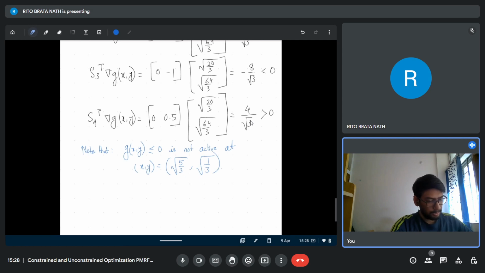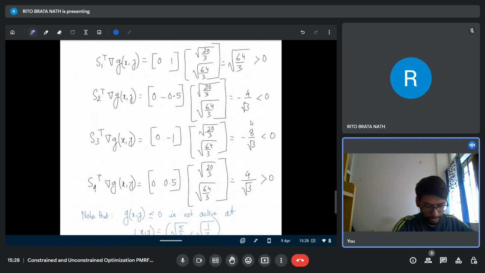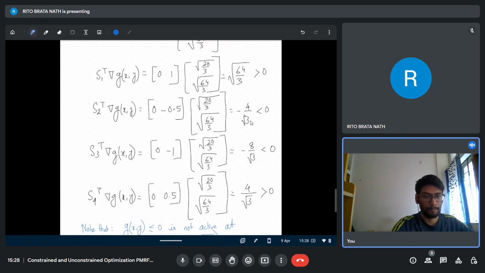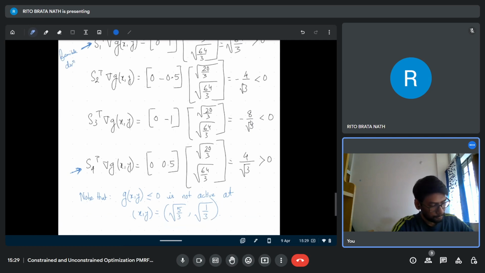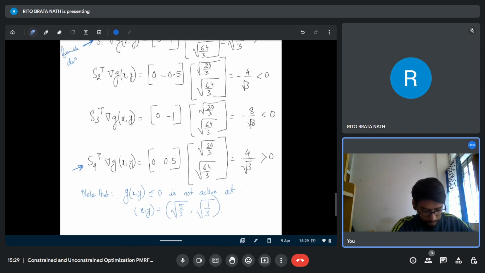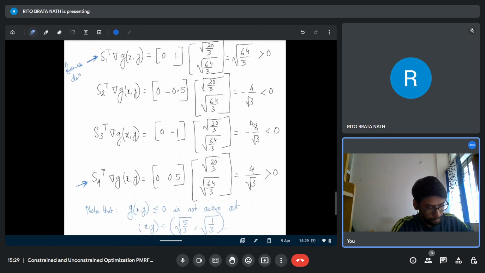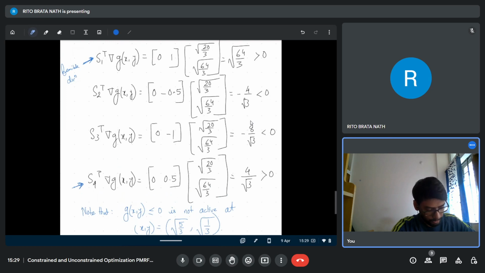In that case, what will happen is that you will pick the greater than 0 ones, because it's the opposite condition of when it was active. So if it is not active, then you pick this one, and you have to pick this one. So this could be your feasible direction, and this is also could be your feasible direction, right?